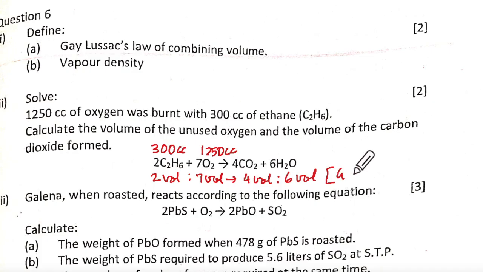And this I say is because of Gay-Lussac's law. Alright, they are saying unused oxygen and volume of CO2, did not say room temperature. So 2 volumes means this 300 will be 2 volumes, so it will be 2 into 150, correct?